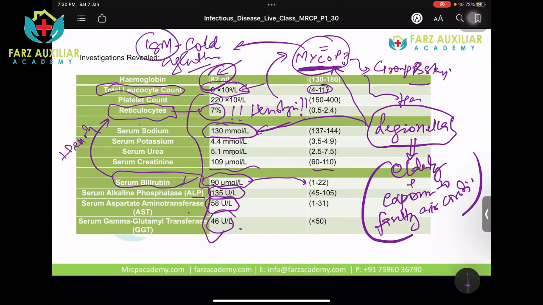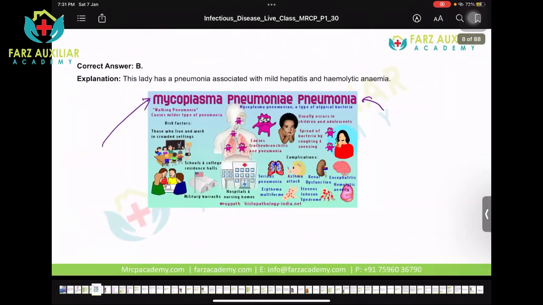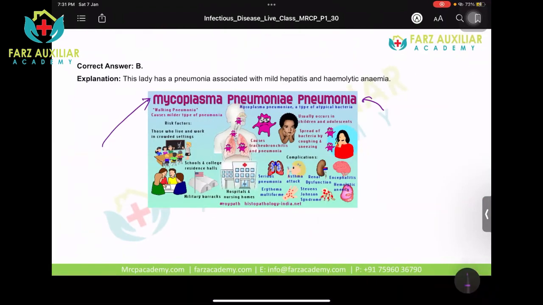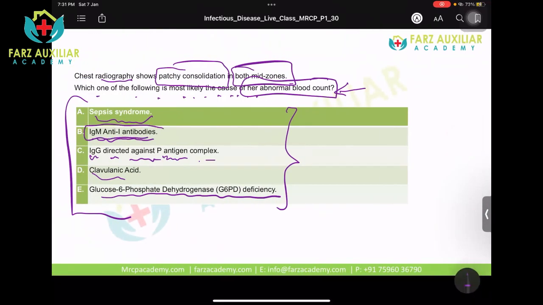These IgM antibodies bind to the RBCs, clump them up, and get their hemolysis done, leading to jaundice and anemia. So this patient has IgM antibodies. Okay, this is cold agglutinin.